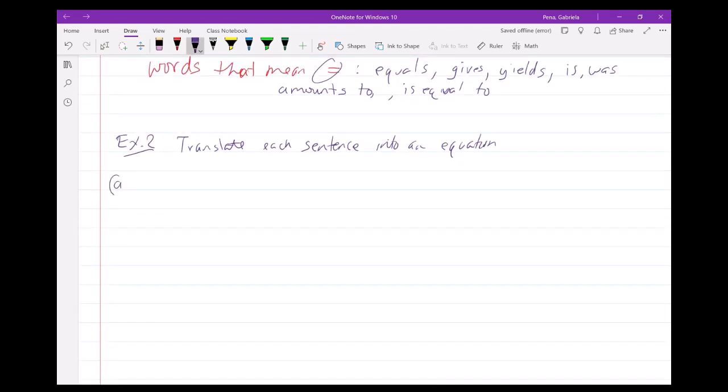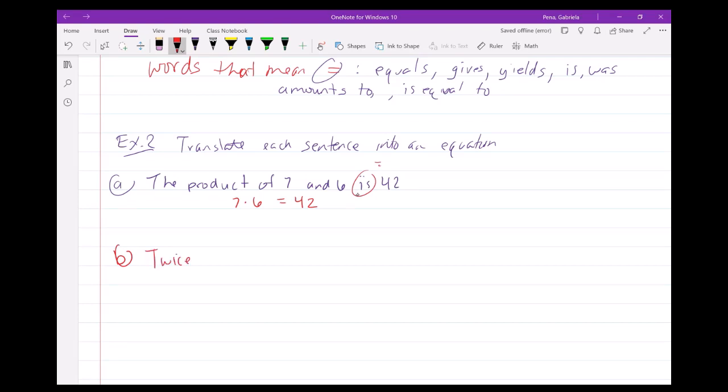The first one says the product of 7 and 6 is 42. So what does that mean? Product, 7 times 6, is means equal, 42. So this would mean equal.